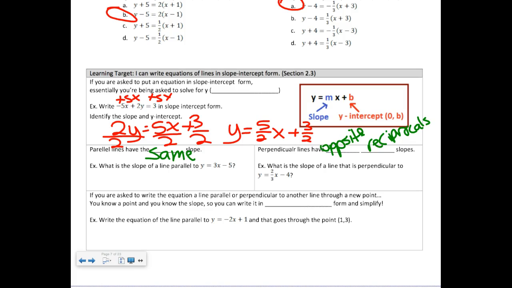So for this one here, if I said find the line that is parallel to this one, what would my slope be? 3. Yep, you don't change it, so our parallel line will just be 3. Whereas for this one, our perpendicular slope would be, I'm going to change the sign, so it's going to be negative, but I have to flip it, so it's going to be negative 3 over 2.